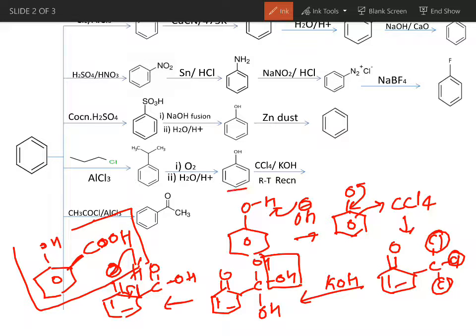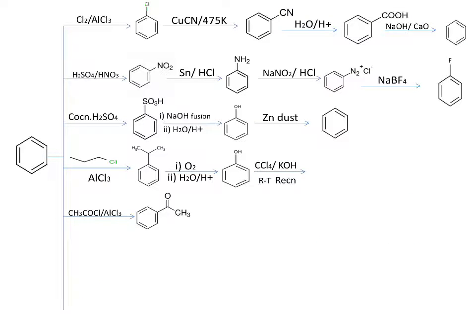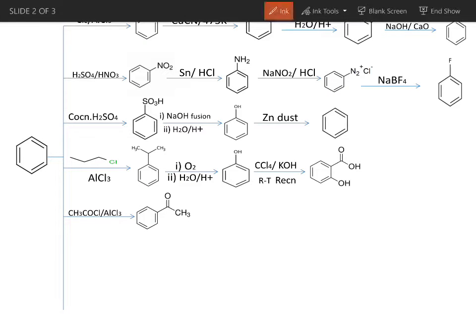So when phenol reacts with carbon tetrachloride in presence of base, the reaction is said to be the Reimer-Tiemann reaction, and the product formed here is salicylic acid, that is orthohydroxybenzoic acid. There is another reaction with this Reimer-Tiemann, and that is when phenol is reacted with chloroform, CHCl3, in presence of base.